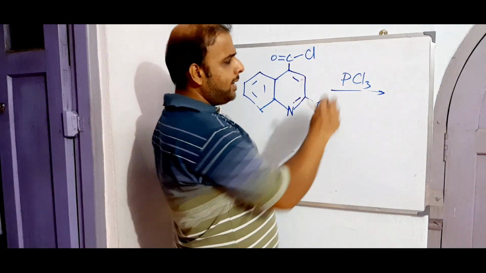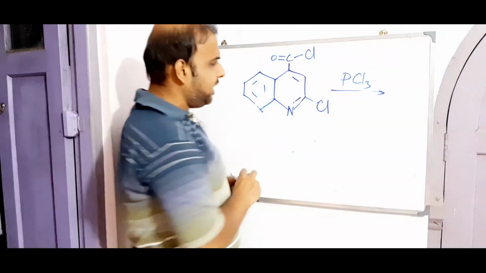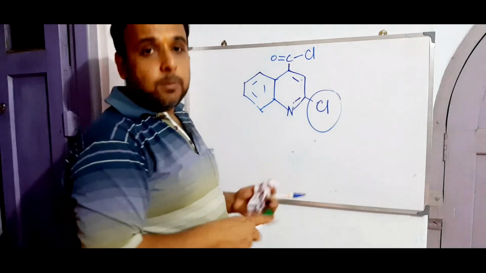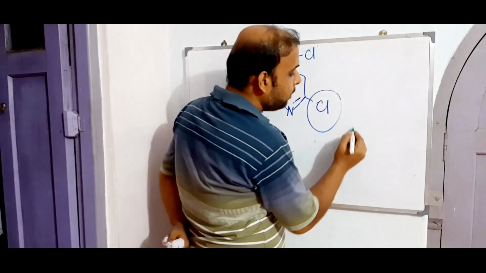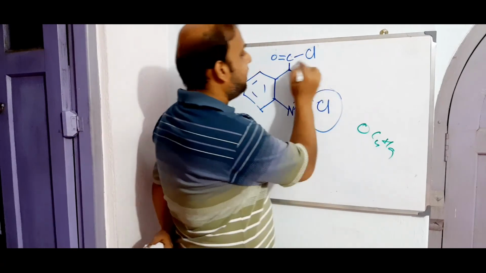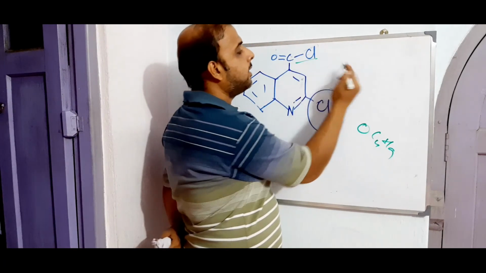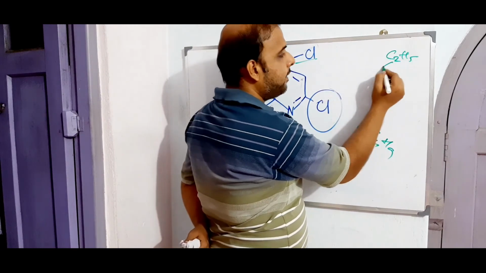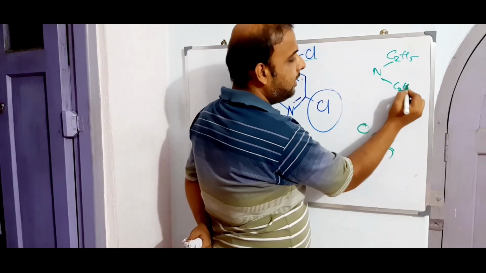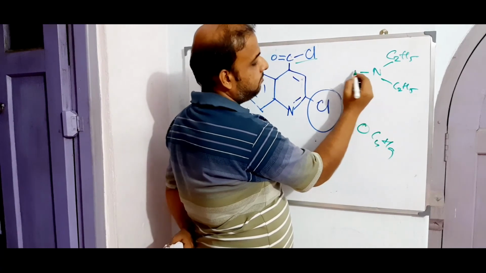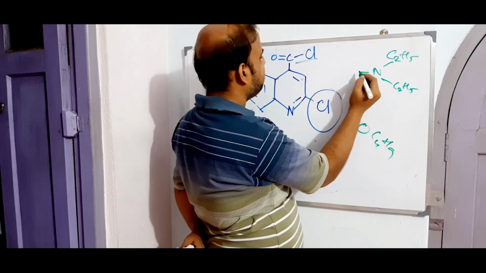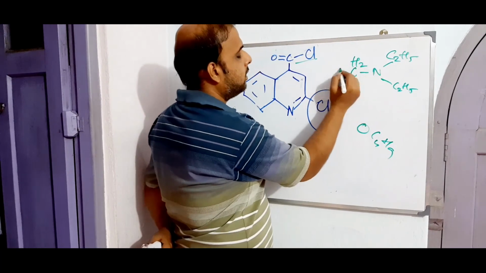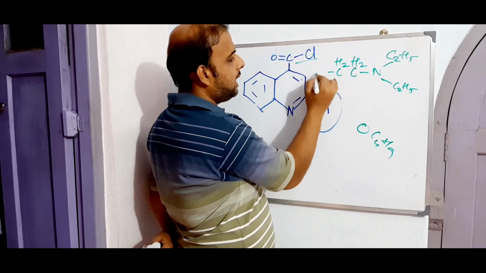Now what next? Once we get this, what is left in the process? We have to make this area into butoxy, like OC4H9, and this area we need to condense with C2H5, diethyl, then CH2, then NH2.